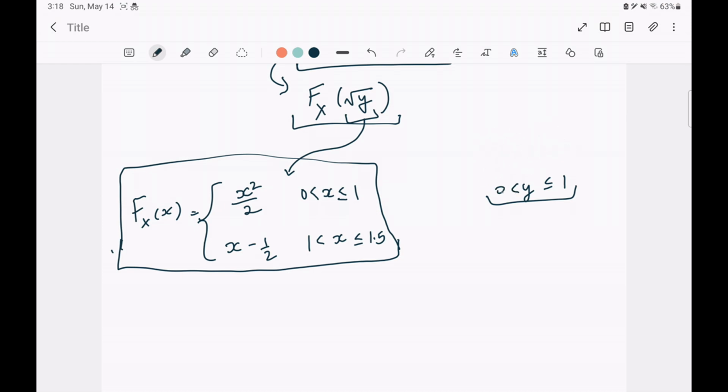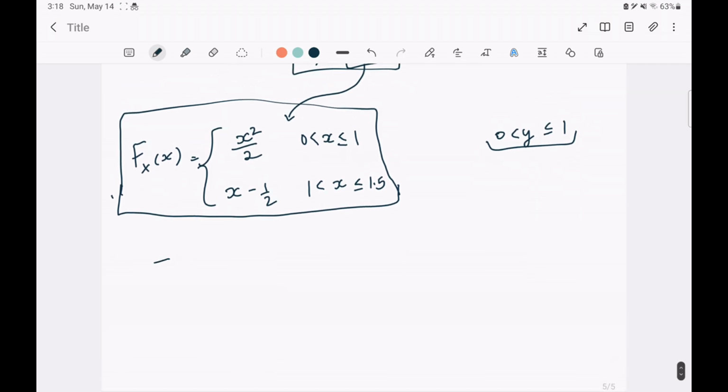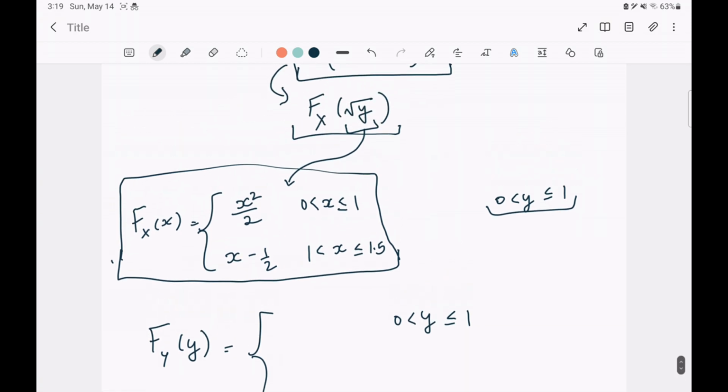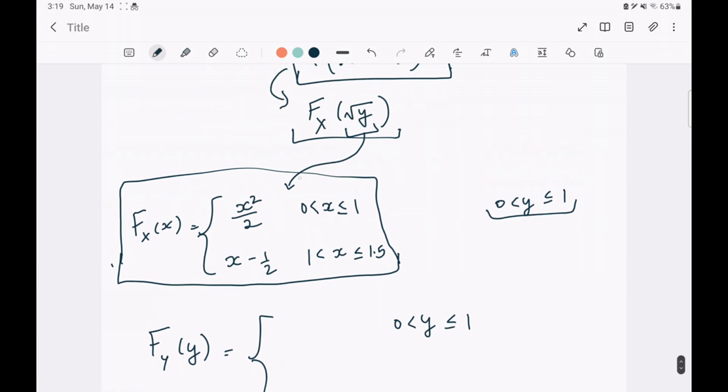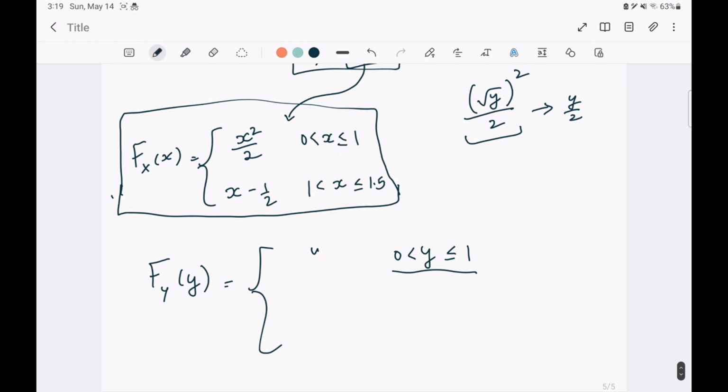So for y between 0 and 1, if you plug the value of root y in place of small x in this function, you would get root y square by 2, which is nothing but y by 2.